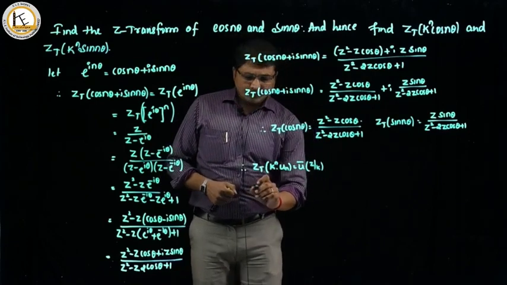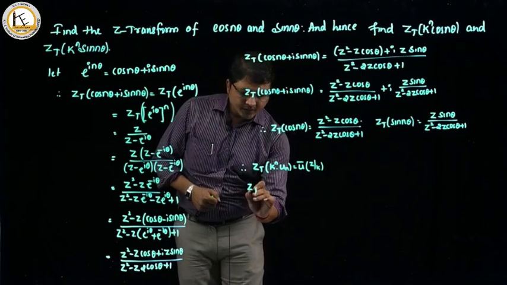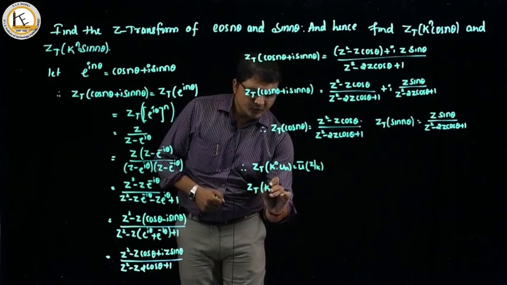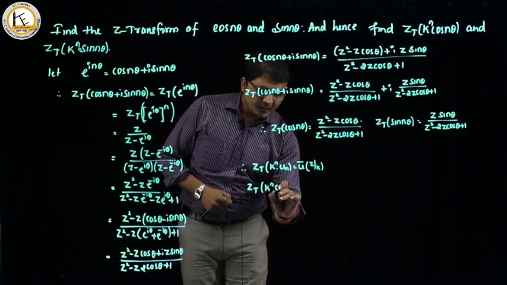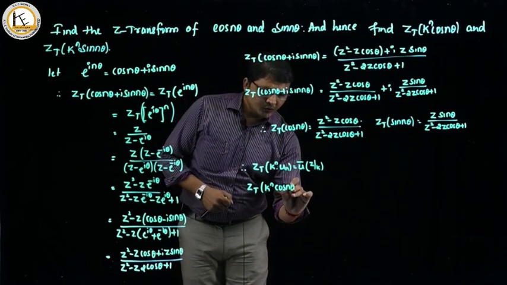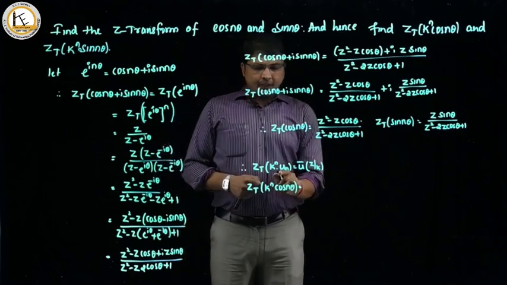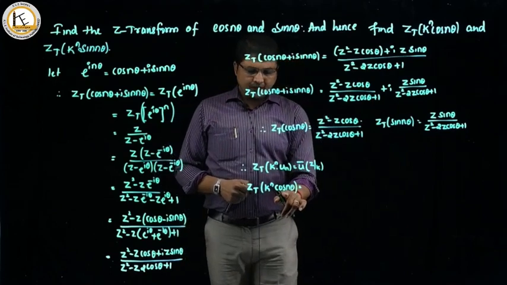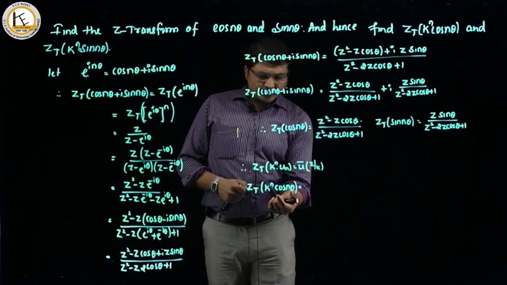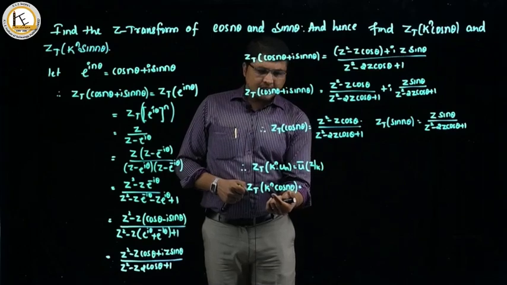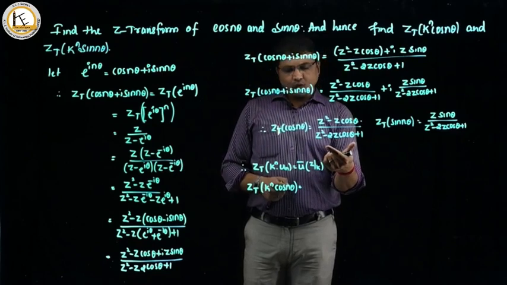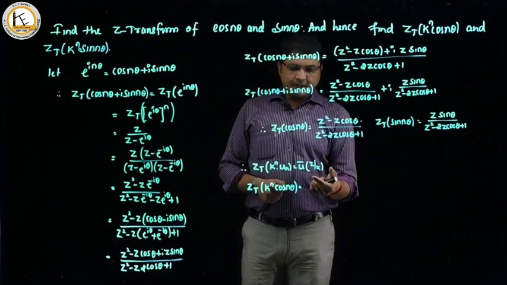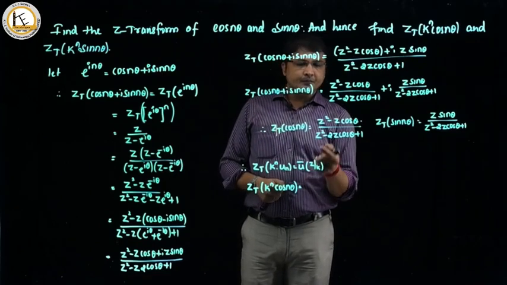So now, the z transform of k raised to n into cos n theta. Here u n is nothing but cos n theta. So first we need to find the z transform of cos n theta, and we already have it. So now our work is just to replace z as z by k.